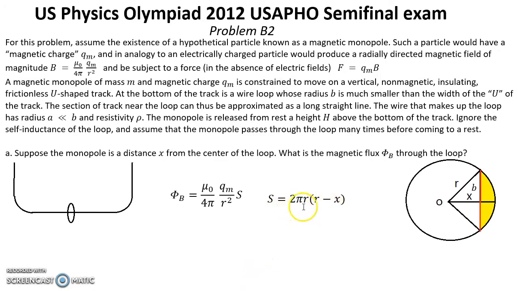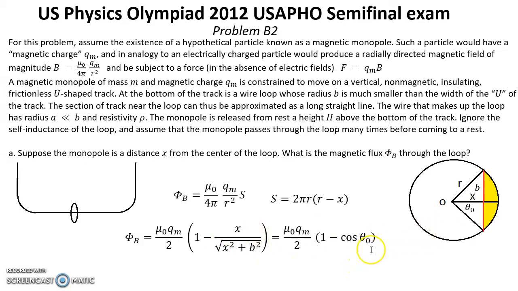It's 2π r multiplied by the height of this segment, which is r minus x. And finally, when we put it into this formula and express r through x and b, the magnetic flux equals this expression, where x over the square root of x squared plus b squared is cosine θ0. That's the answer for question A.